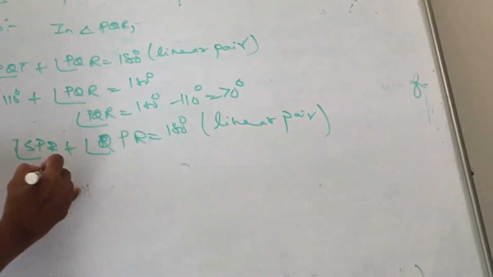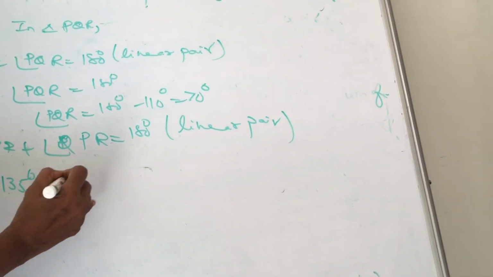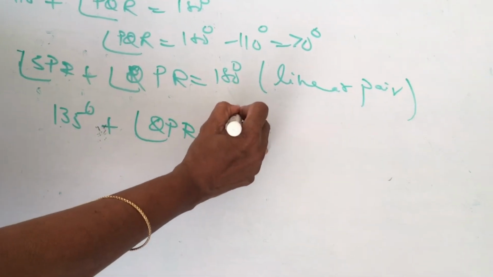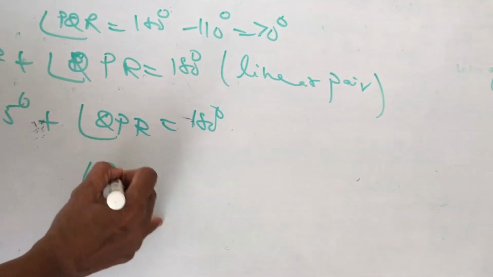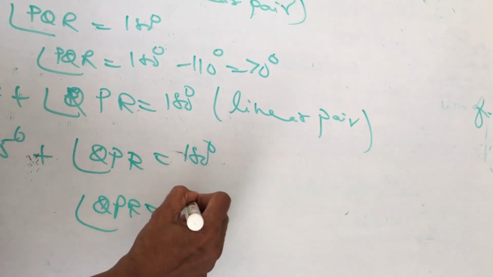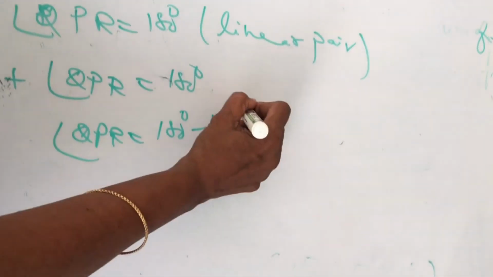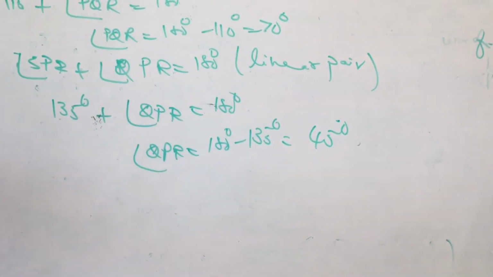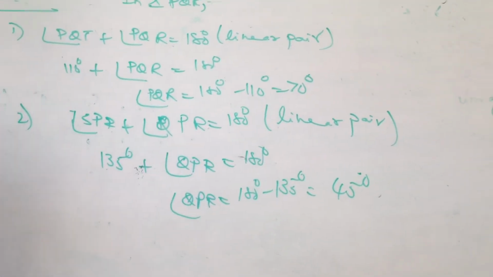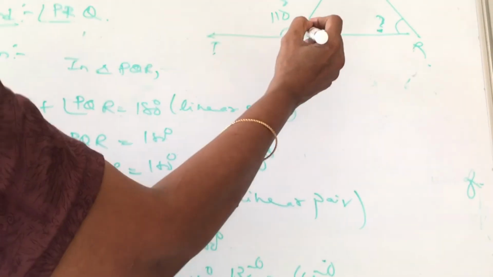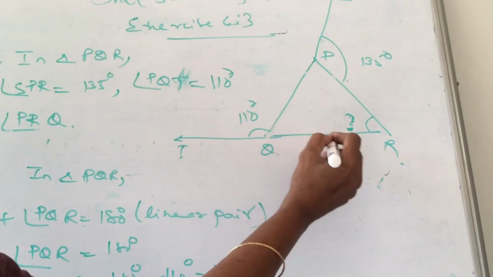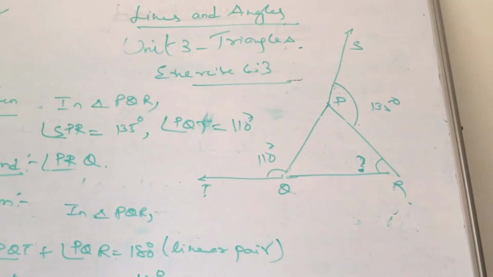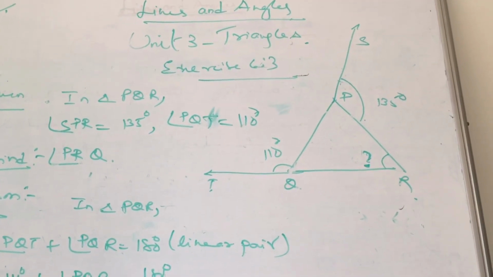What is SPR? 135 degrees plus angle QPR is equal to 180 degrees. Angle QPR is 180 degrees minus 135, which is equal to 45 degrees. What are you asked to find out, girls? Find angle PRQ.